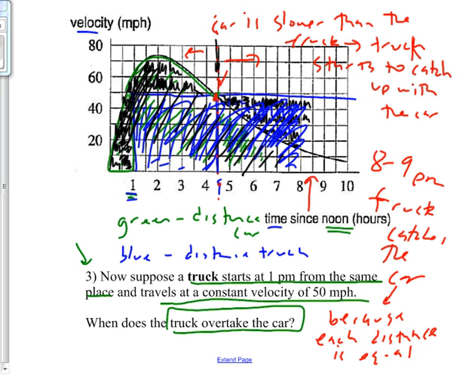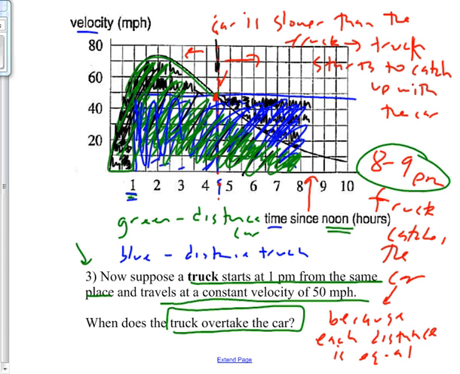Sorry, I should have used green, that's what I was using. So around 8 to 9 p.m., the green area equals the blue area, which means that the distances that they've gone are the same, which means that the truck catches up to the car and overtakes it.